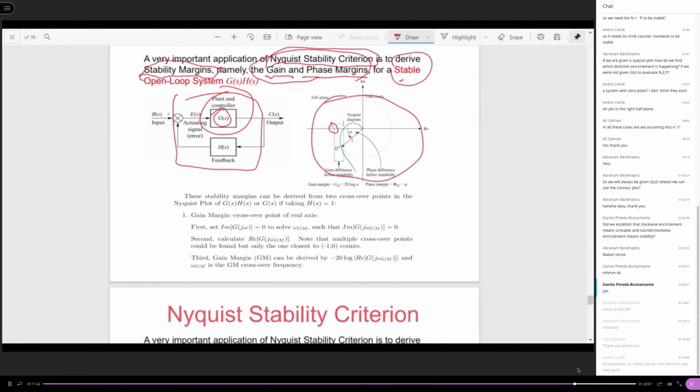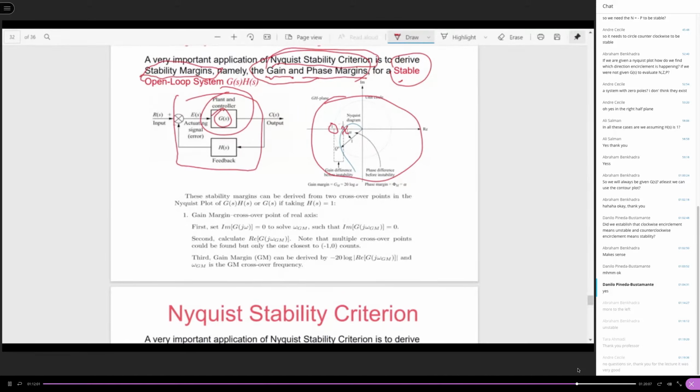In order to evaluate the stability margin, we are going to be concerned about two crossover points. One crossover point is where the Nyquist plot crosses the real axis of the G(s) plane.